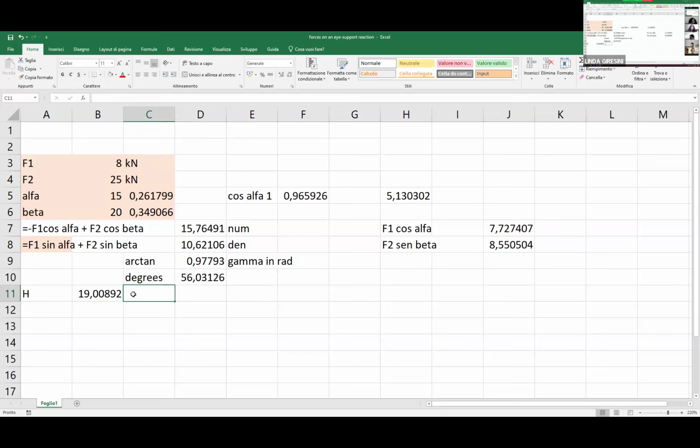And H is in kilonewtons. H is then the numerator, for example, divided by the sin gamma. So the first equation that we considered. So you see, in just a couple of minutes, or maybe 5, you can find all the numbers you want.